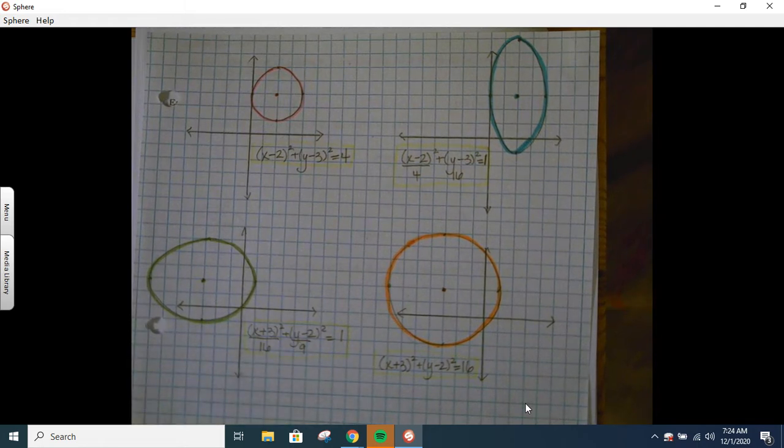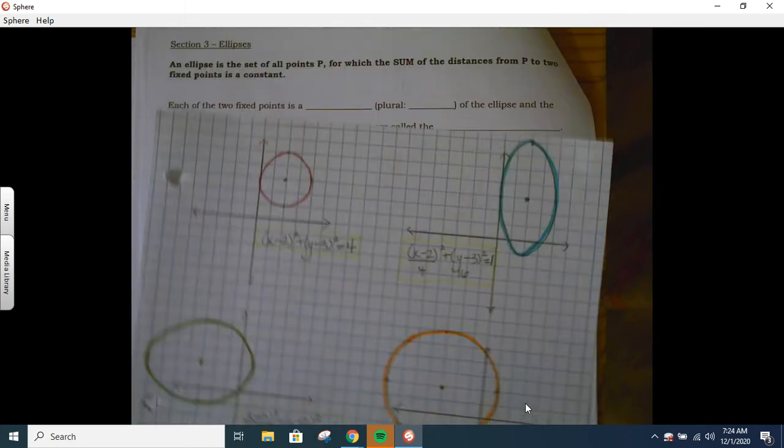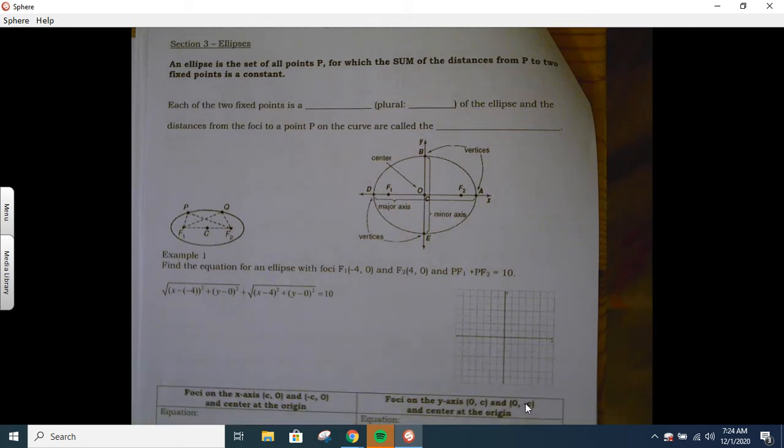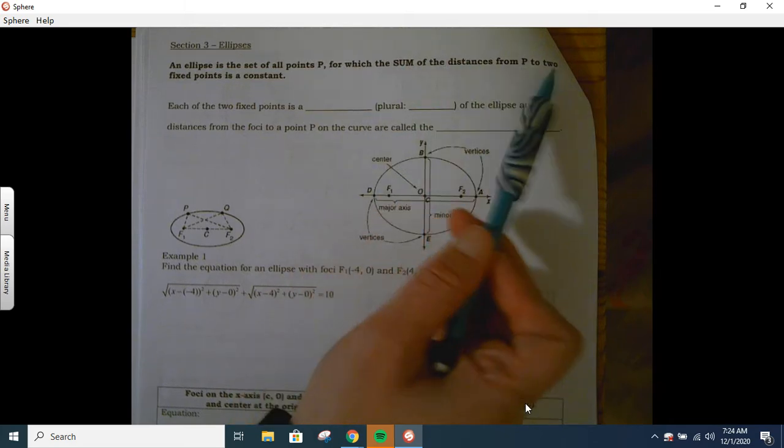Now, remember when we talked about the definition of a circle, we talked about having a single fixed point, and all the points are equidistant from that, the radius. In an ellipse, the definition is a set of all points P for which the sum of the distances from point P to two fixed points is constant.